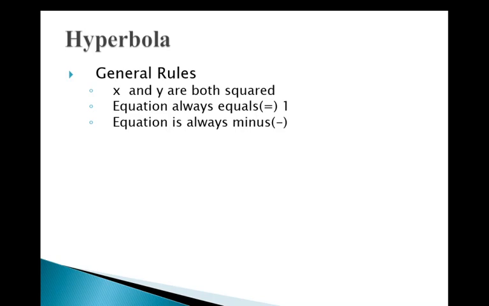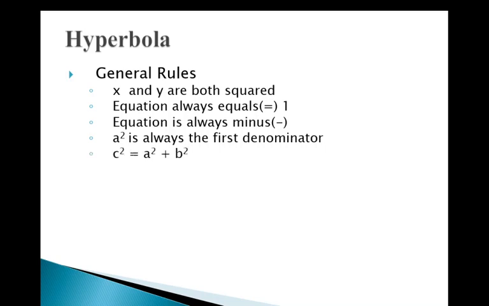Where the ellipse is always positive, the hyperbola always has a negative sign in it. A squared is always the first denominator, so that's one of the major differences. In the ellipse, a was always the bigger one, but in a hyperbola, a is always the first denominator.